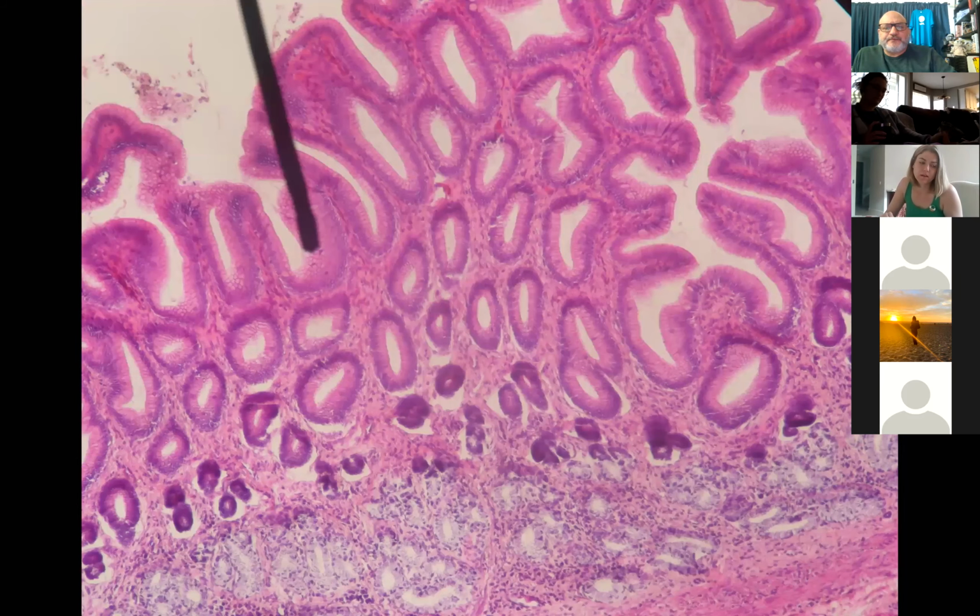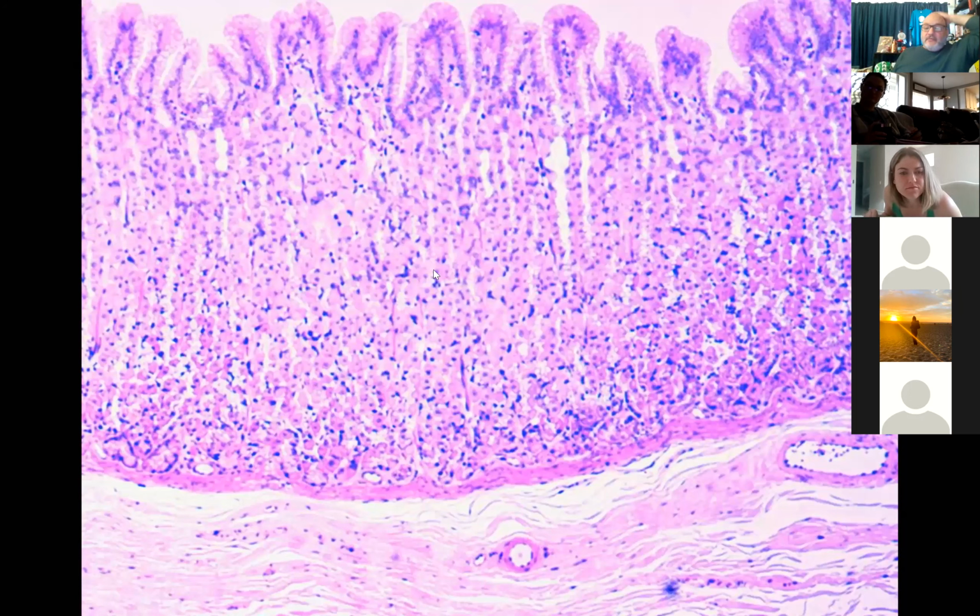Now, there are some differences. And again, here's another nice example of this as well. Notice we can again see the simple columnar cells and then the pits coming down from them. So let's start here. Notice here, we've got lots of different shades to this.